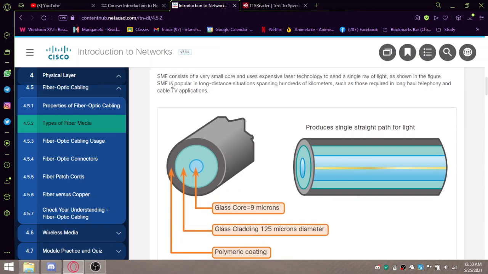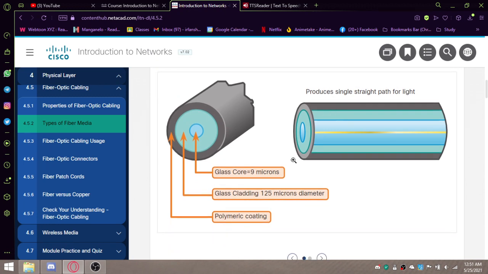SMF consists of a very small core, kecil sia, and uses an expensive laser technology to send a single ray of light. As shown in the figure, SMF is popular in long distance situations spanning hundreds of kilometers, such as those required in long haul telephony and cable TV application.